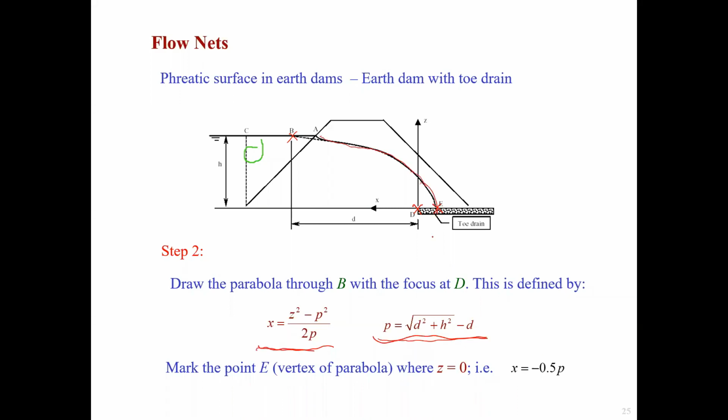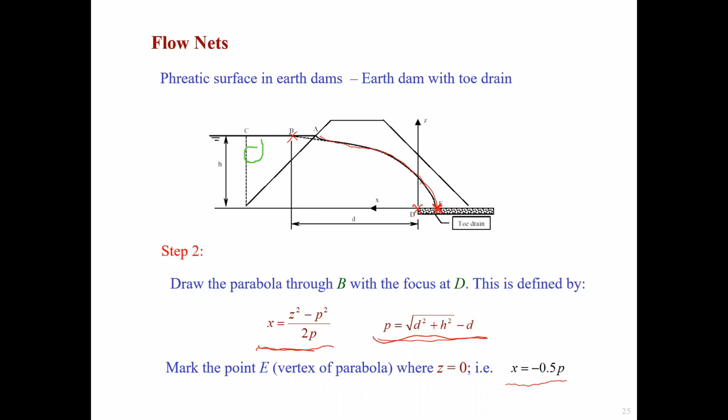So we set z equal to 0 within this formula. Then we are able to get x equal to -p over 2. So by now we are able to get the horizontal coordinate of the point E already.